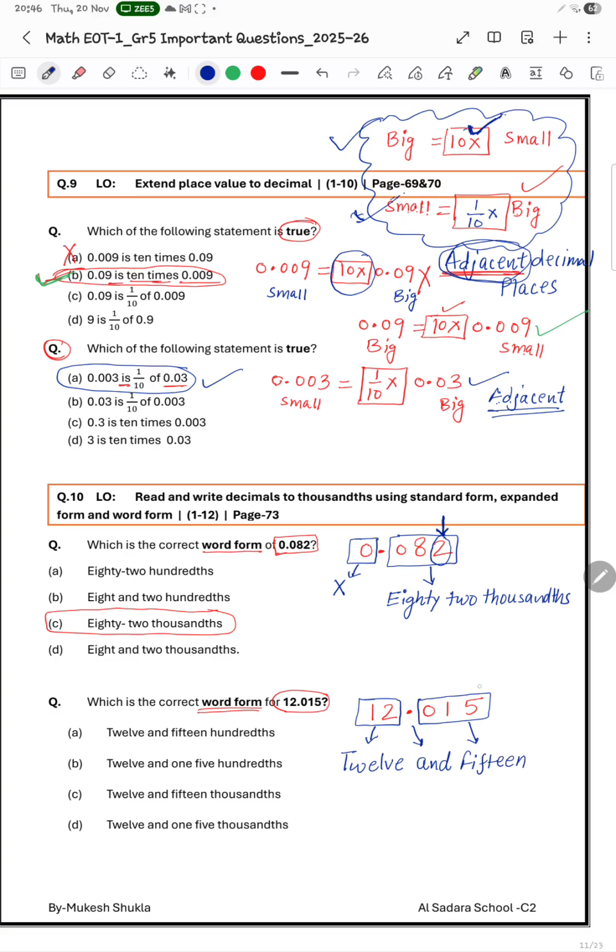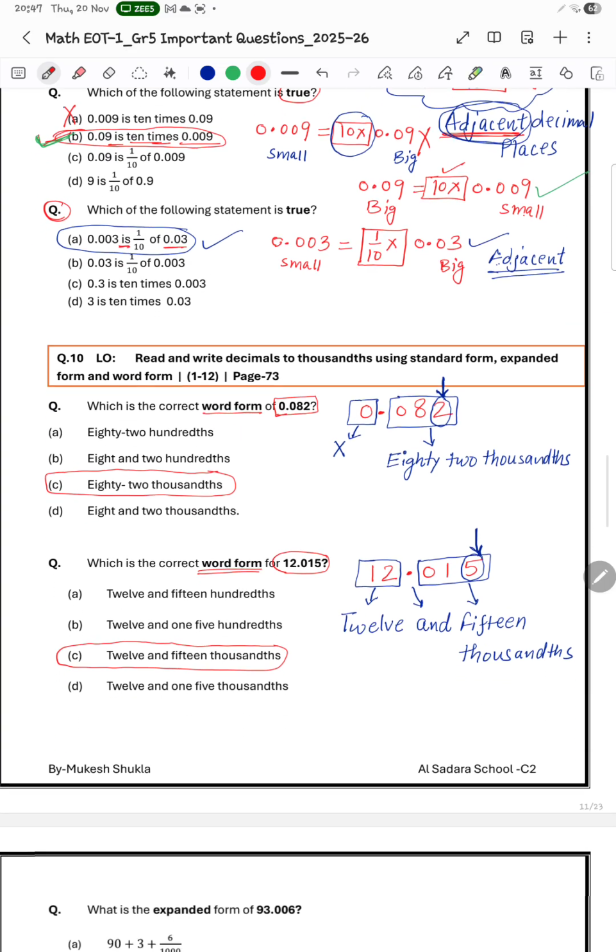Now look the last digit. What is the place of last digit? It is thousandths. So don't forget to write thousandths at the end. So my correct answer will be 12 and 15 thousandths. 12 and 15 thousandths, option number C is the correct one. Okay. Now move on to the next part.